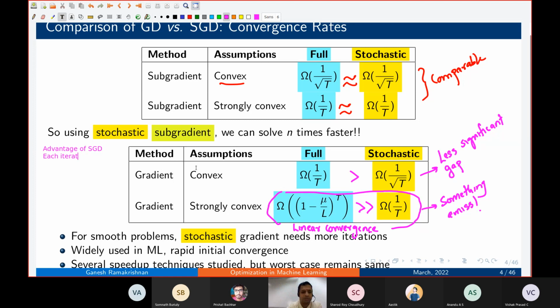So each iteration of update is n times faster than the case of full iteration as in gradient descent. That's something we have gained in the stochastic case.